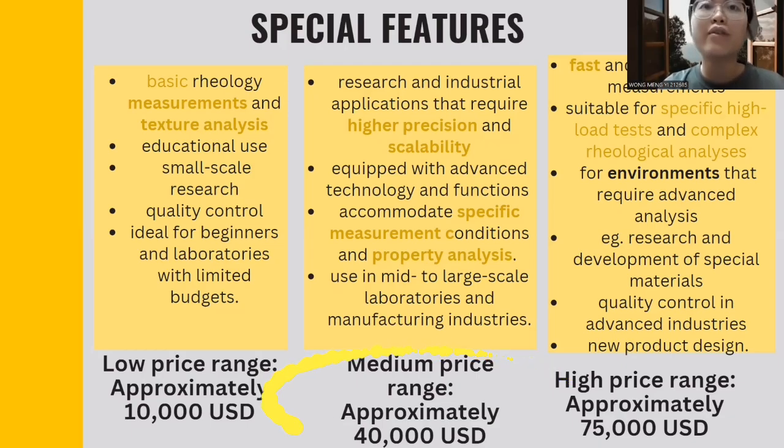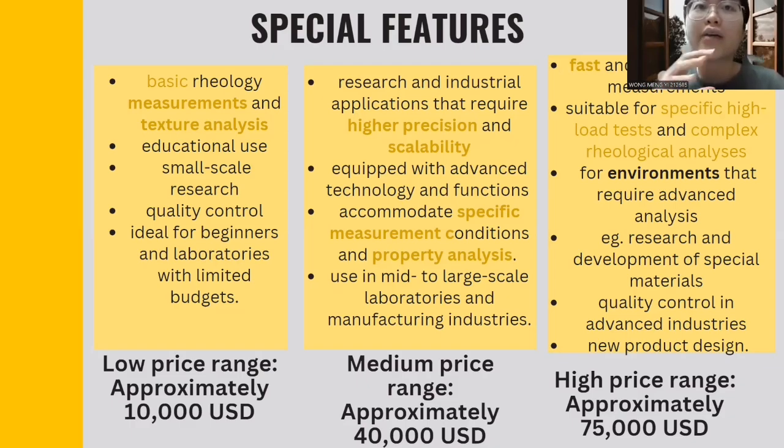While the medium price range rheometer is used for research and industrial applications that require higher precision and scalability, and is equipped with advanced technologies and functions to accommodate specific measurement conditions and property analysis. So this price range is suitable for use in mid to large scale laboratories and the manufacturing industry.